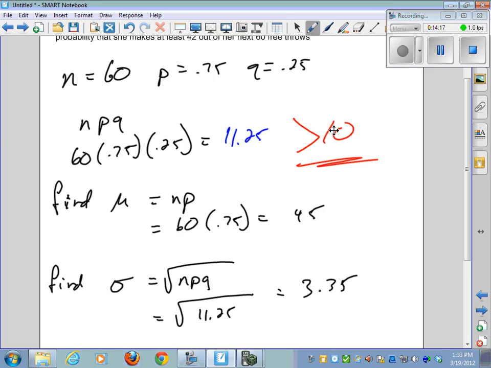On the test, I might ask you to do a binom one with a very small n, like 5 or 6, just so you're not having to type all those numbers in. But on the exam, I can almost virtually guarantee you that the NPQ is bigger than 10. Having said that, you still got to say, I know that 11 is greater than 10.